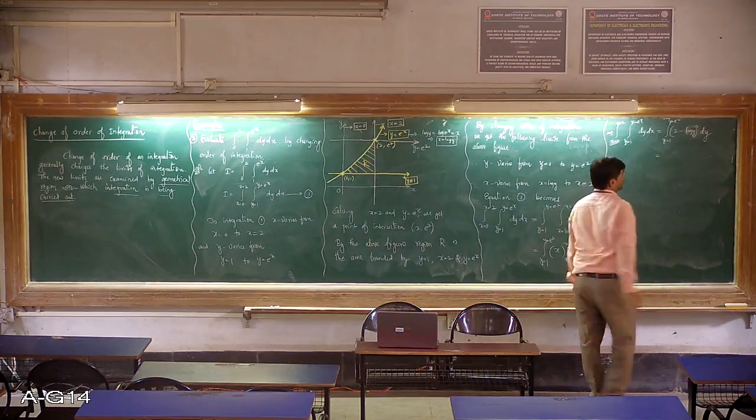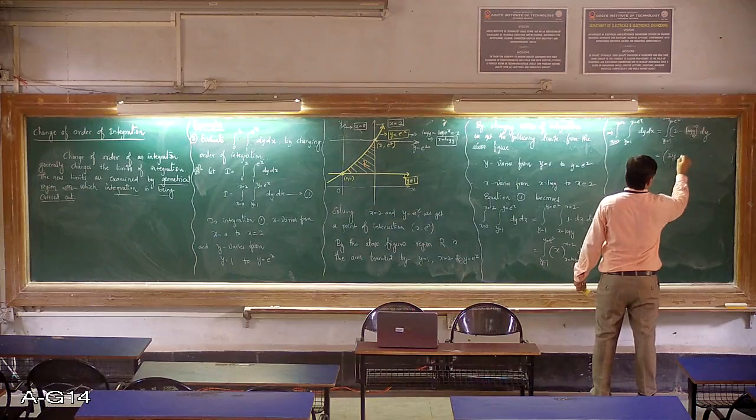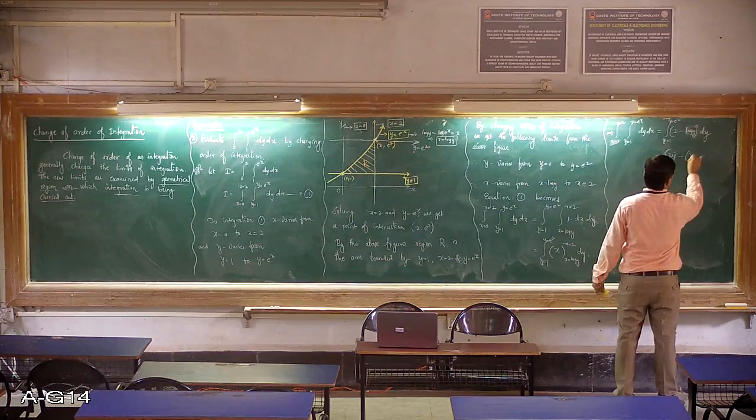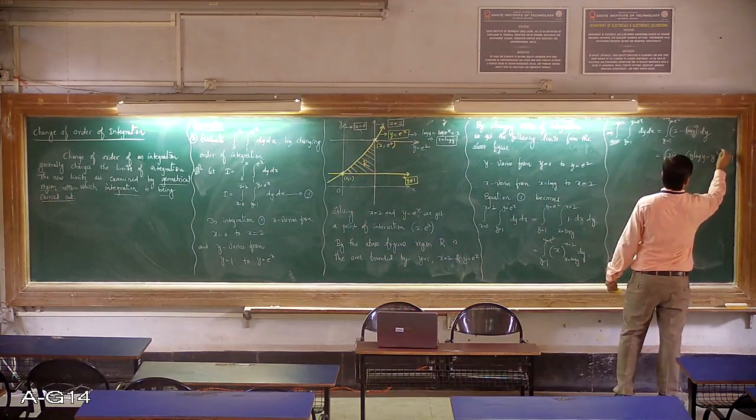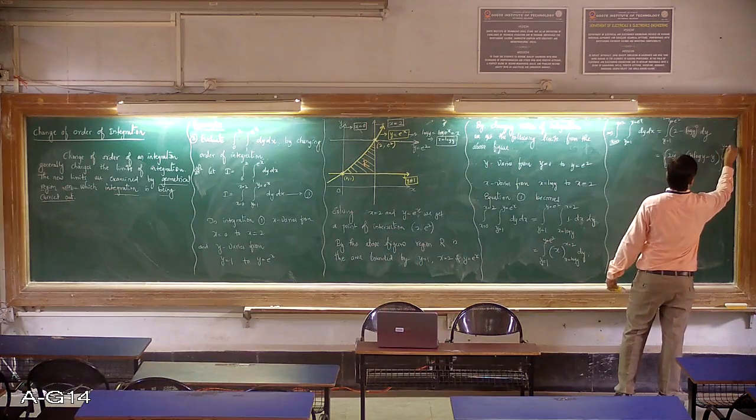What is the integration of 2 with respect to y? That is 2y. What is the integration of log y? Integration of log y is y log y minus y, and the limits are from y equals 1 to y equals e square.